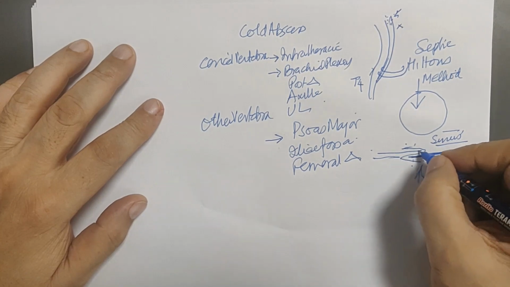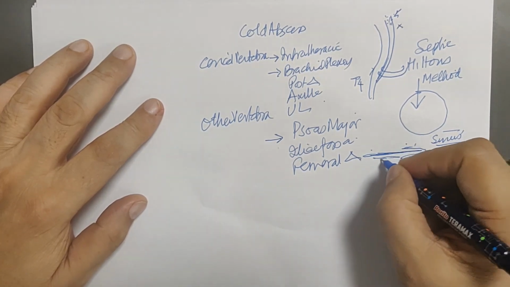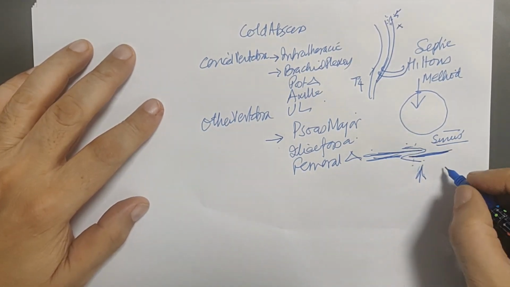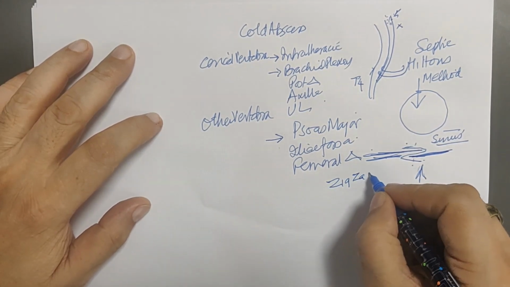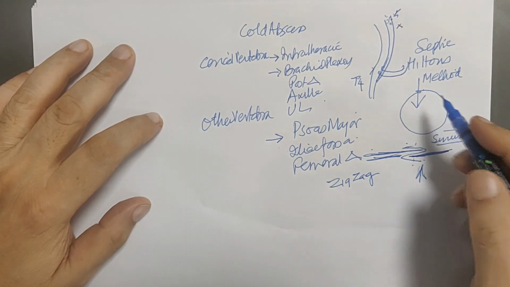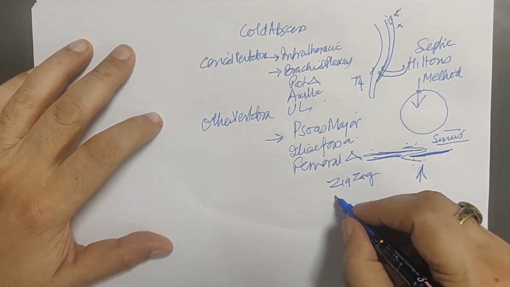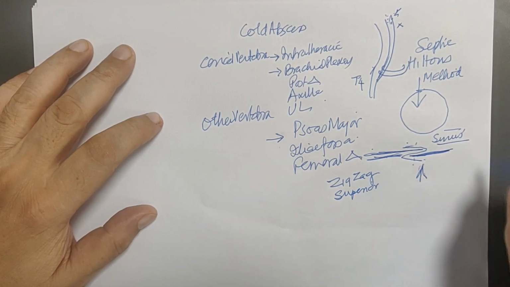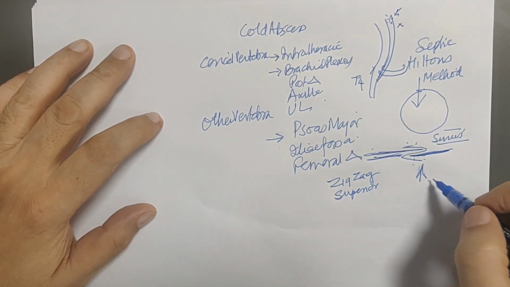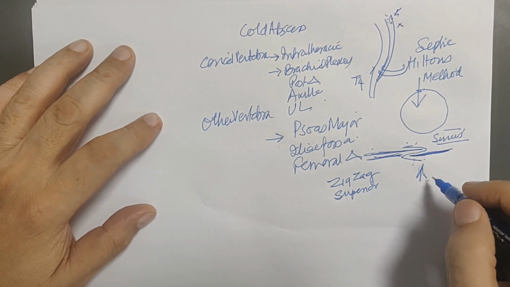You have to go in a zigzag manner. Secondly, you don't go for the most prominent point, but the most superior point. And you have to go in a zigzag manner to evacuate a cold abscess.